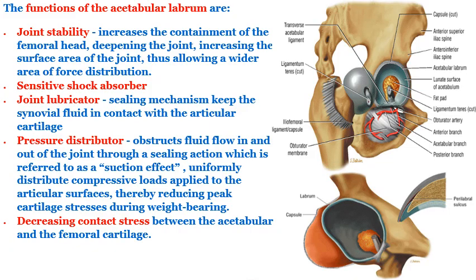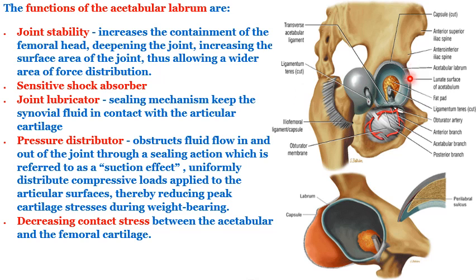There are a few functions of this acetabular labrum. It provides joint stability, as it deepens the socket and increases the surface area of the joint, allowing a wider area of force distribution. It acts as a shock absorber.